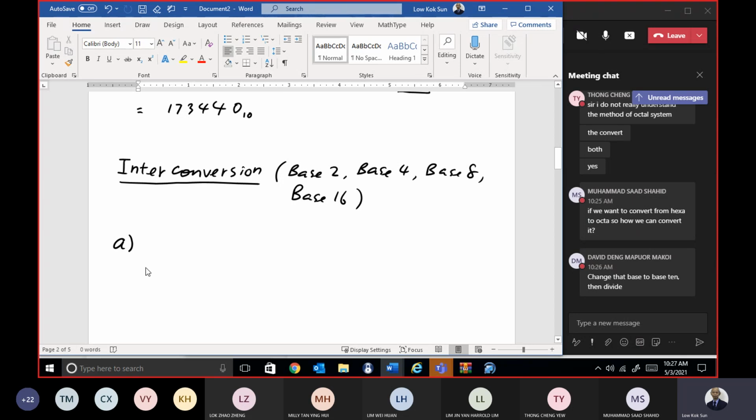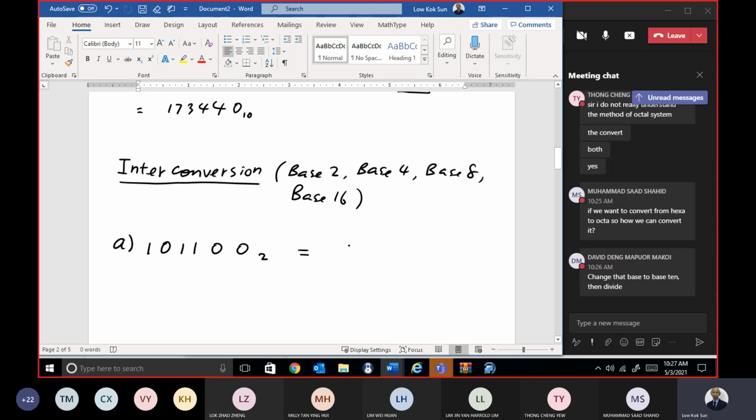So for example, I have a number, 101100. This is system 2. I want to convert into system 8.